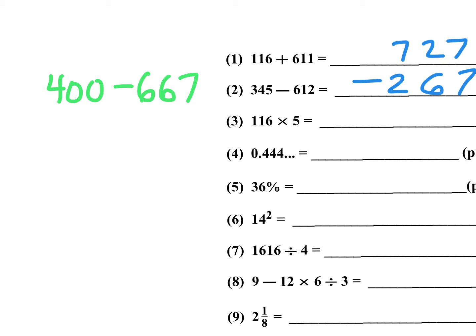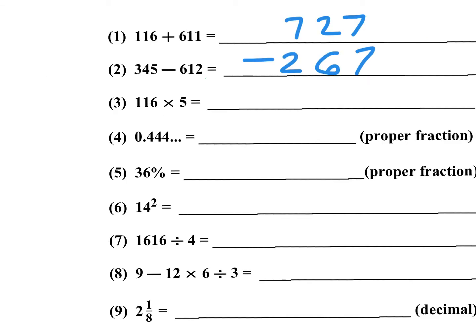So all I'm doing is adding 55. Why 55? Because I want to make this an even 400. To make it an even 400, I add 55 there, so I add 55 on both. And if you do it this way, you do not have to borrow, and it might be an easier way to subtract. We'll use this again later if we run into a problem like that.